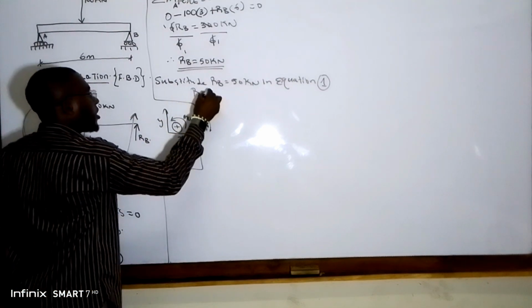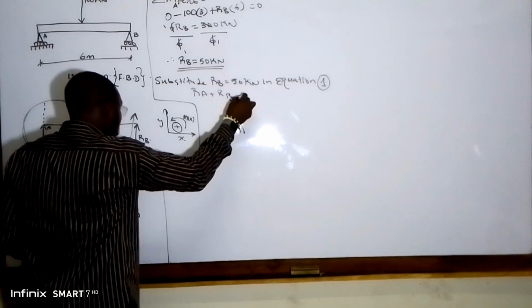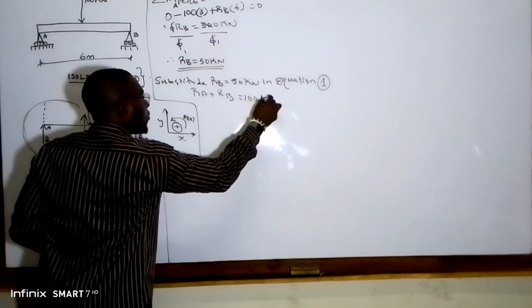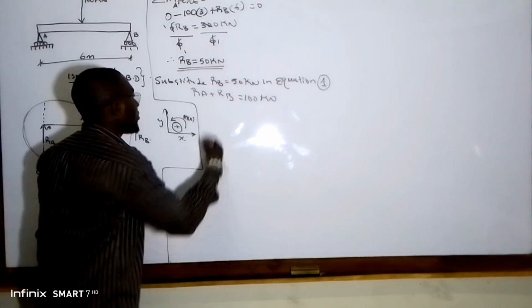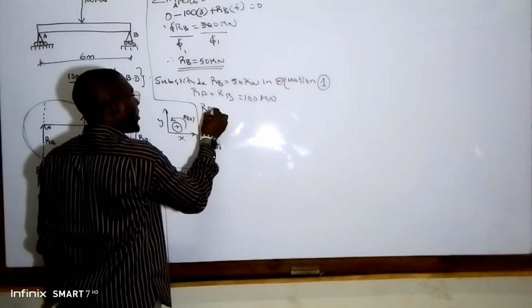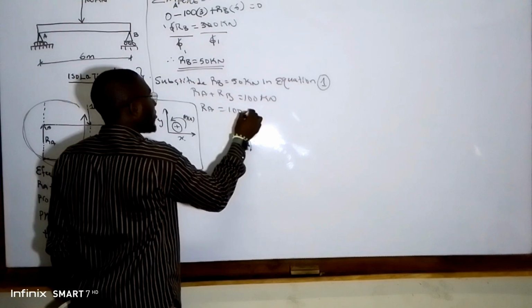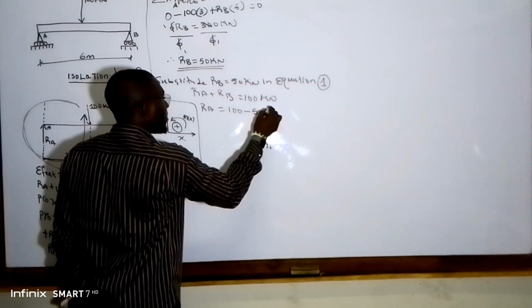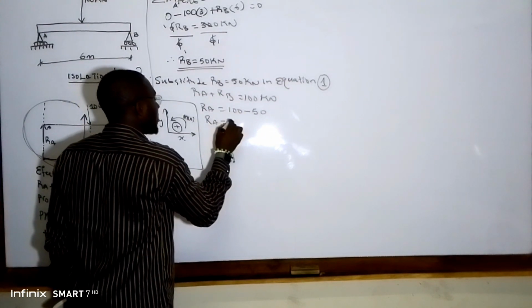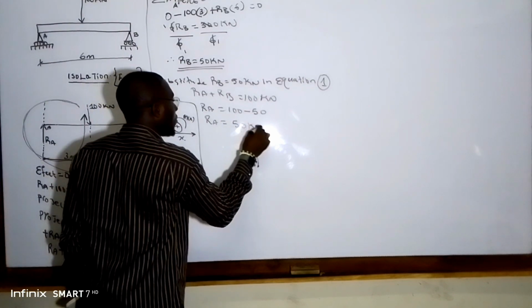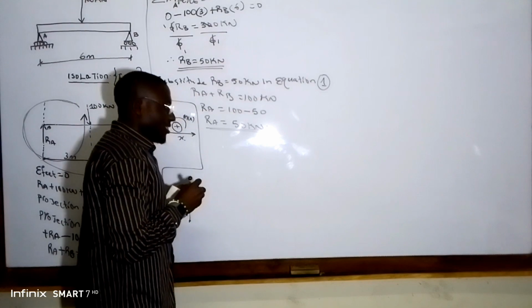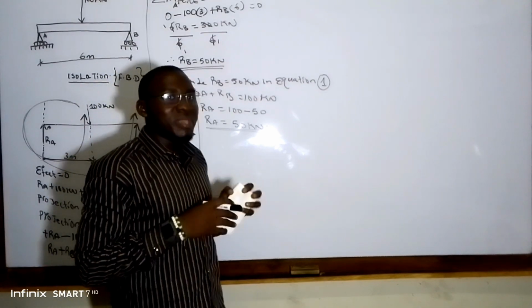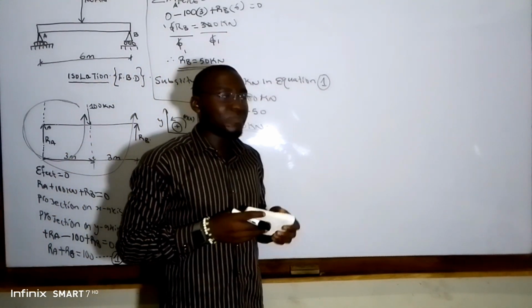We have RA plus RB equals 100 kilonewton. This was our equation 1. So our RA now is equal to 100 minus 50. So our RA is equal to 50 kilonewton. So guys, this is it. How to evaluate a beam on a simple support.